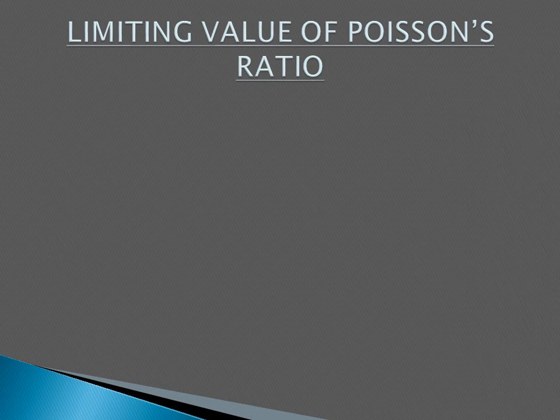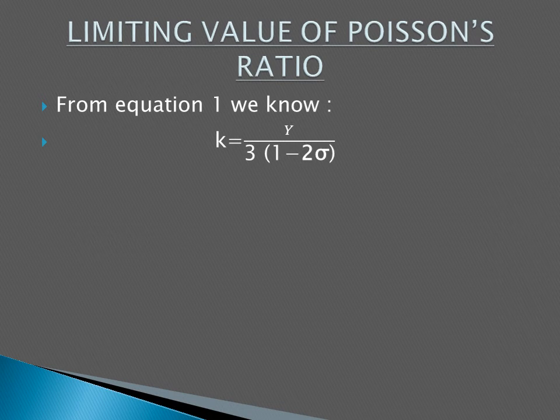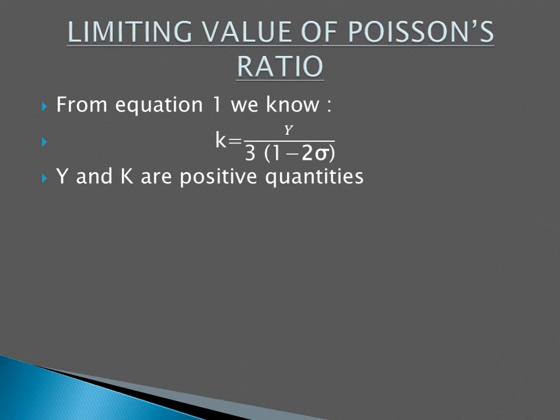Now, we use both these equations in order to find the limits of Poisson's ratio. From the first equation, we have K is equal to Young's modulus upon 3 into (1 minus 2 into Poisson's ratio). Young's modulus and bulk modulus are always positive quantities, and in order to make the right hand side a positive quantity like the left hand side, the denominator 3 into (1 minus 2 into Poisson's ratio) should also be a positive quantity.